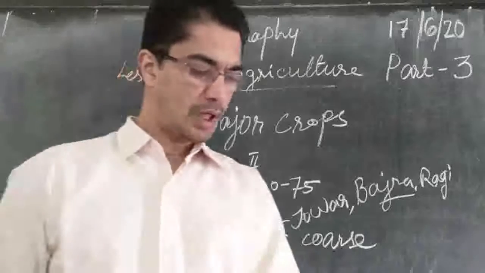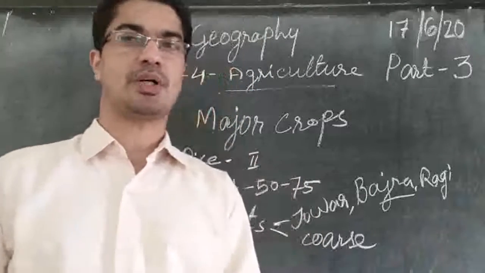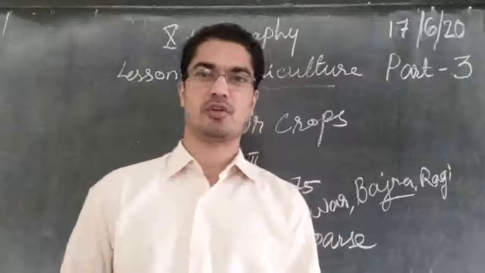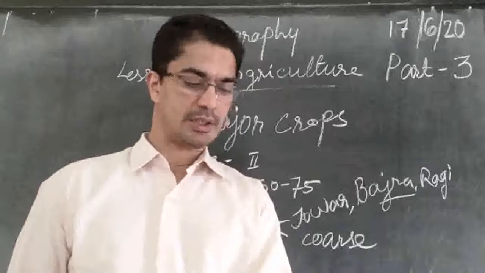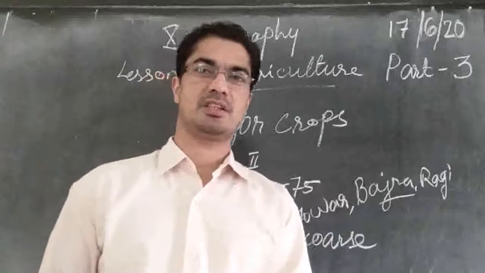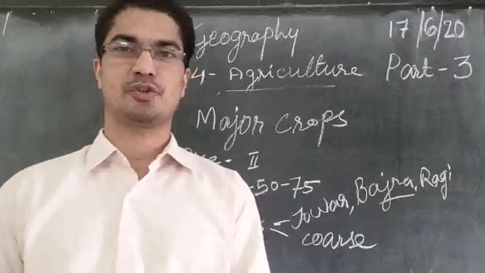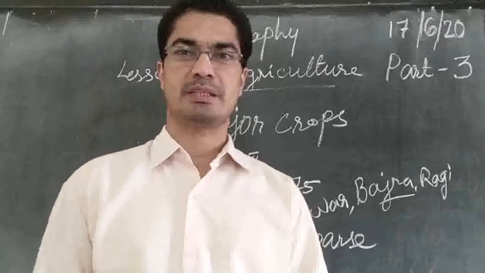Then another one, bajra. Bajra grows well on sandy soils and shallow black soil. So what are the physical conditions or the soil that is required for the growth of bajra? It is sandy and shallow black soil. That is the most favorable soil for growth of bajra. It should be sandy, not very sticky, so water should not remain stagnant.